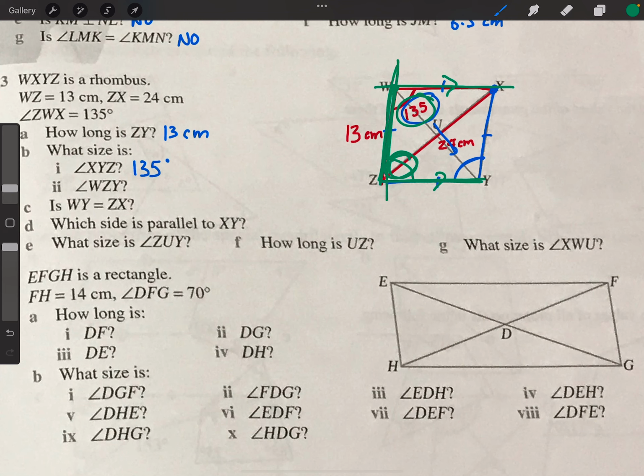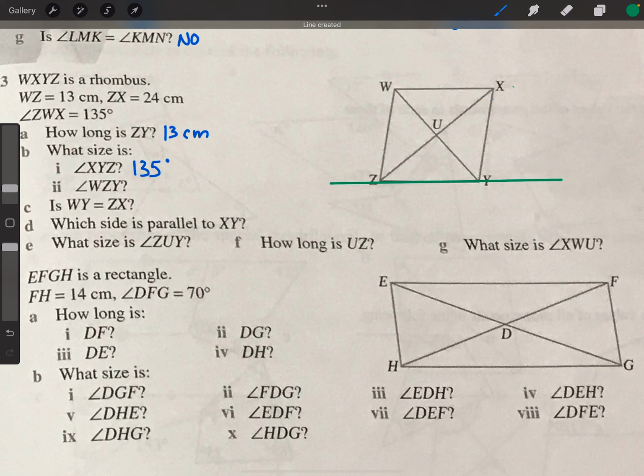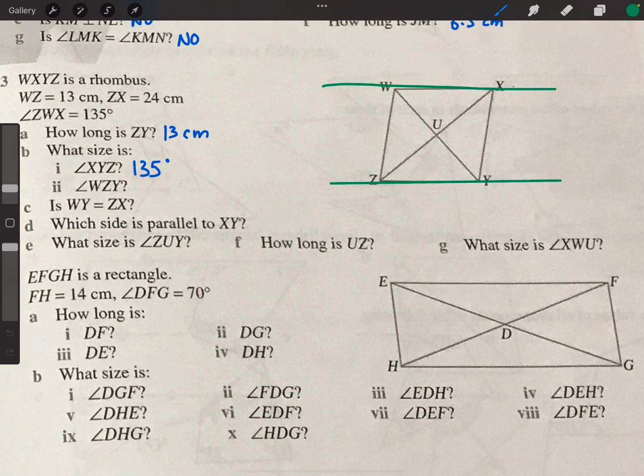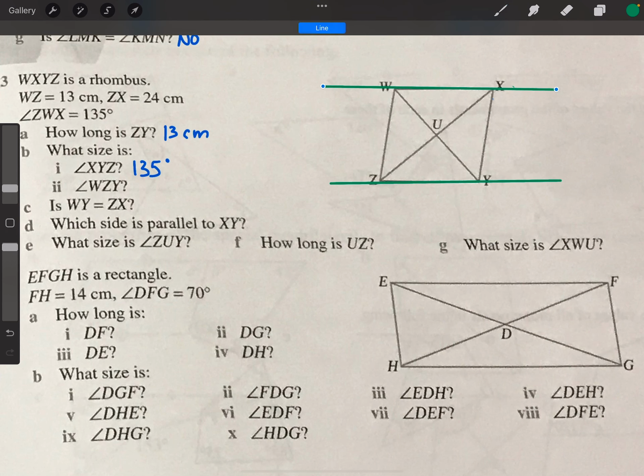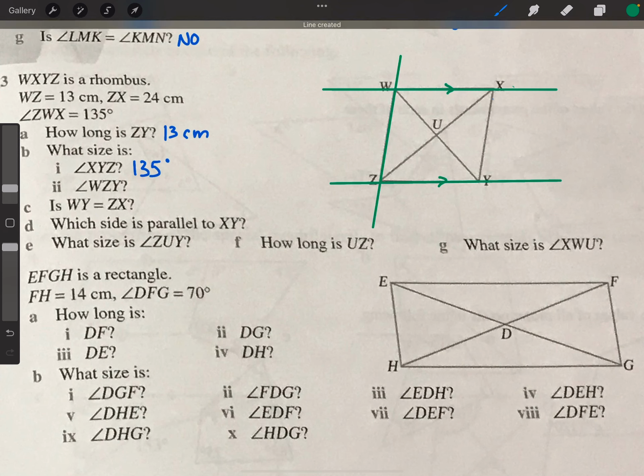Let me try again, maybe if I draw it properly. We know that in parallelograms and rhombuses the opposite sides are parallel. So this line is parallel to this line, and you have this line here as the transversal.